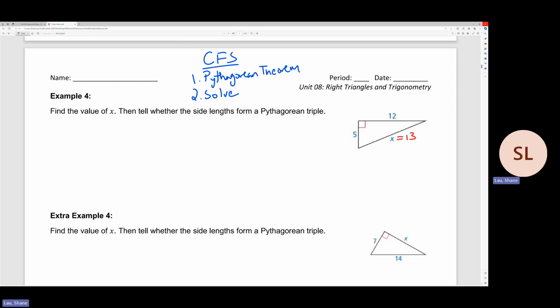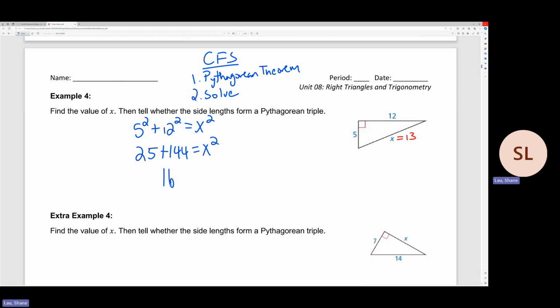We'll use Pythagorean theorem. We get 5 squared plus 12 squared equals x squared. We don't know what x is, right? Hint, hint, wink, wink at this time. And so we solve like normally. We get 25 plus 144 equals x squared.